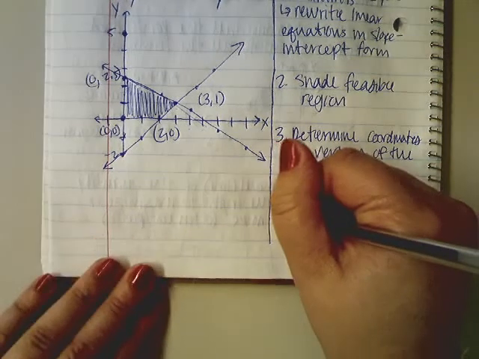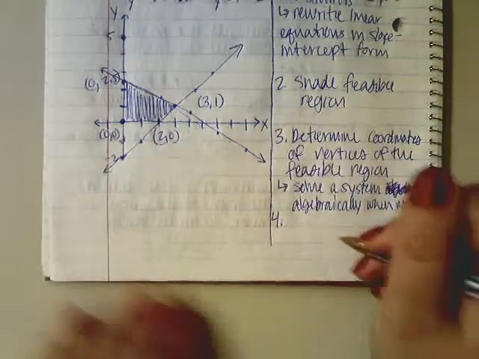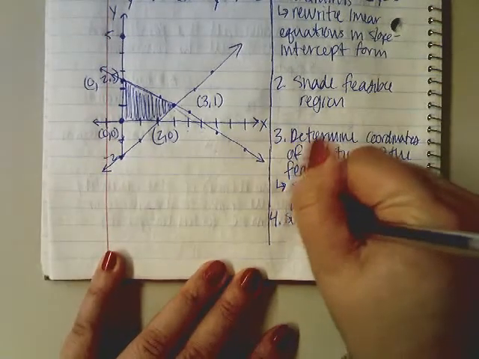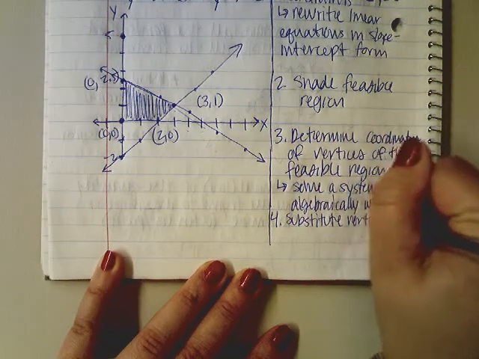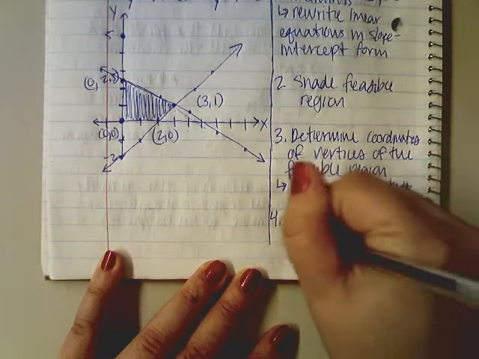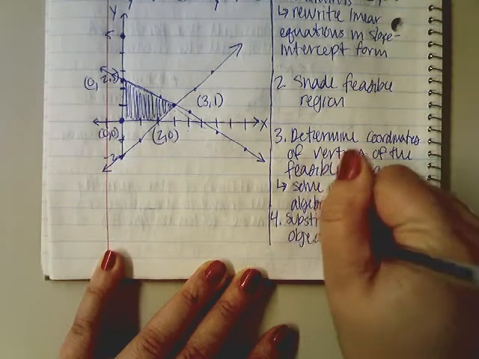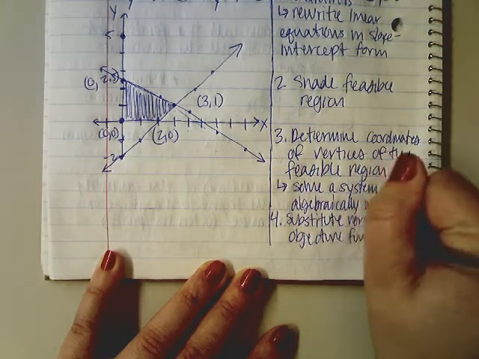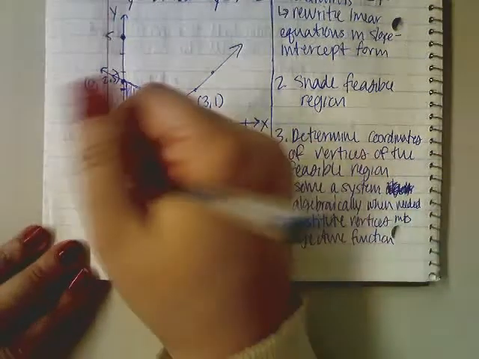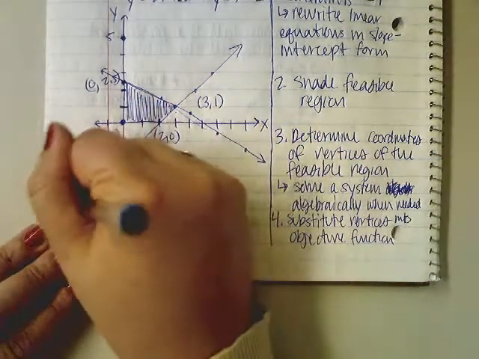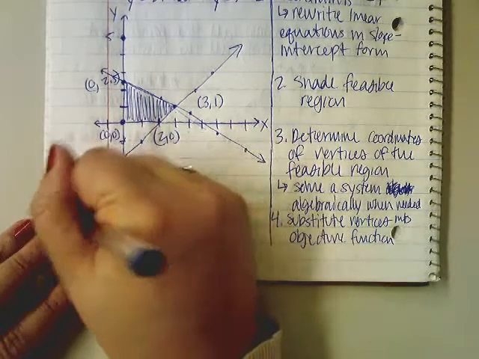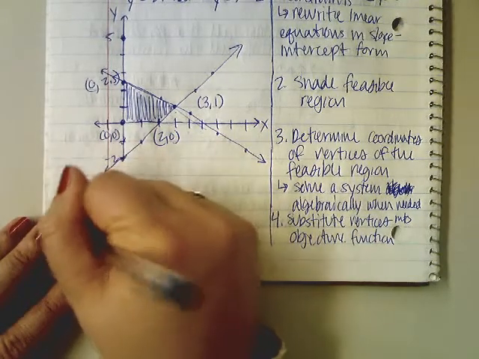So the last step, or second to last step, we're going to substitute vertices into our objective function. So I'm going to take each coordinate point. I start with 0, 2.5, and then I have 0, 0, and then I have 2, 0, and 3, 1.